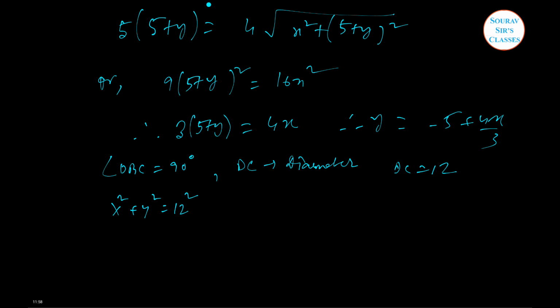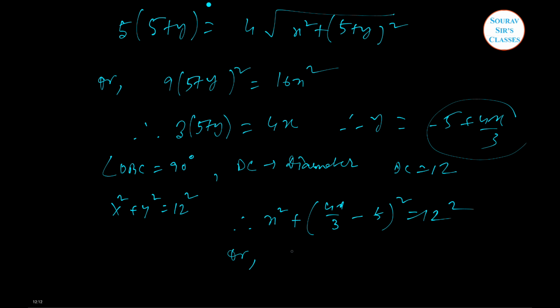Now in this equation we can change the structure and we can write x square plus (4x by 3 minus 5) whole square equal to 12 square. So now everything here is with respect to x, so it will be 25x square minus 120x minus 1071 equal to 0.